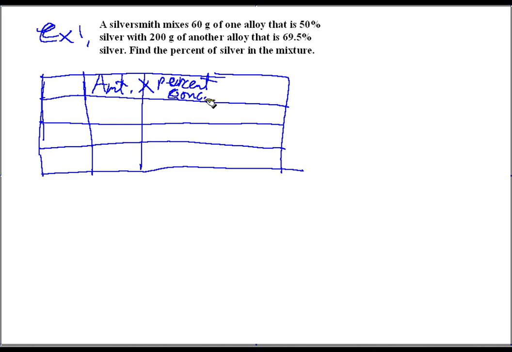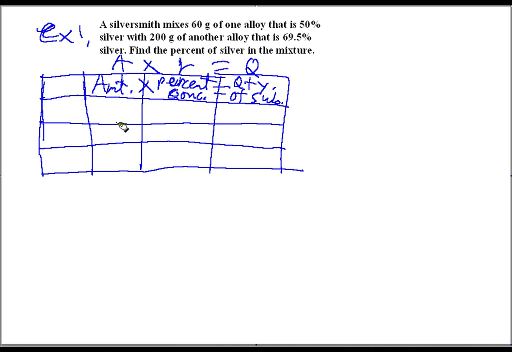That's a C there, percent concentration. You could say A times R for percent concentration is equal to Q, quantity of substance. So quantity equal to quantity of substance.